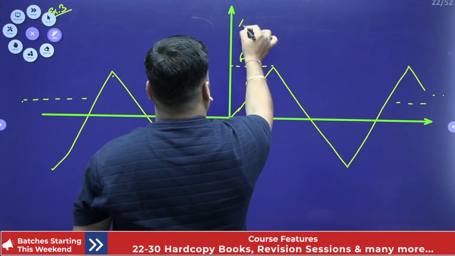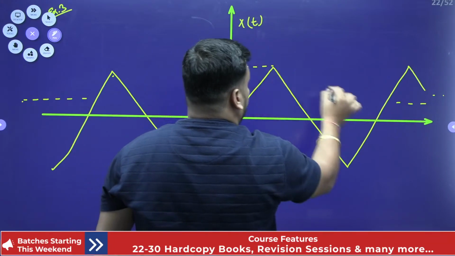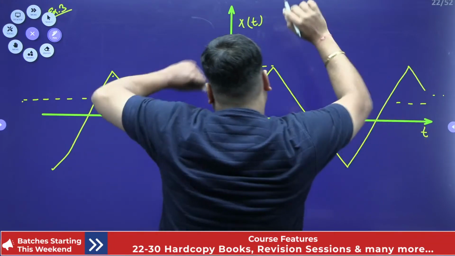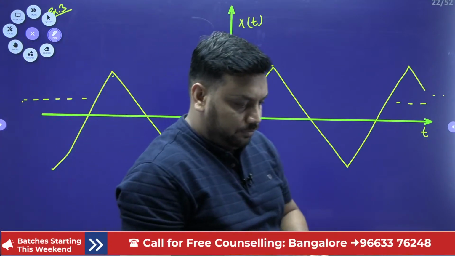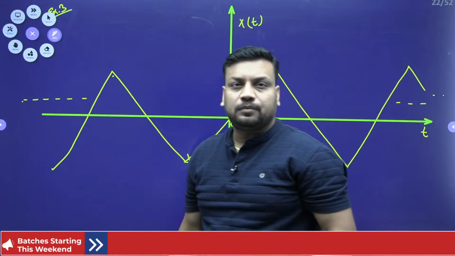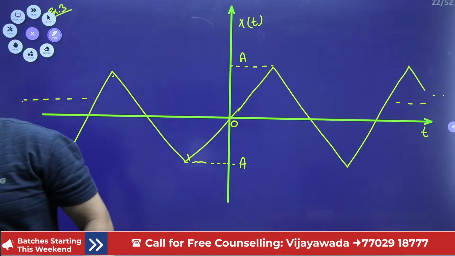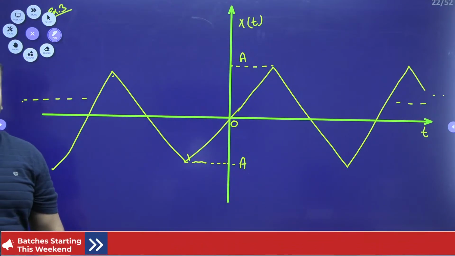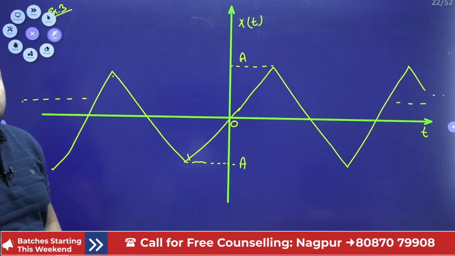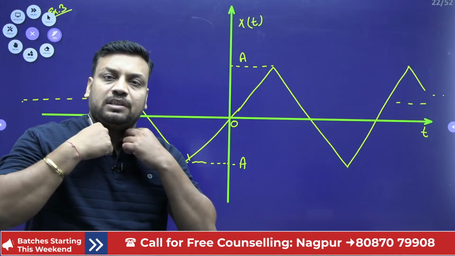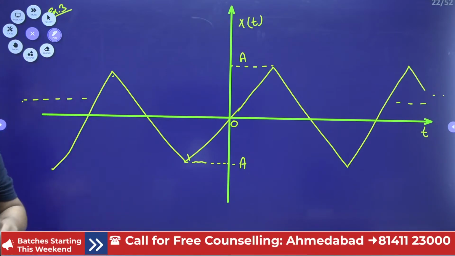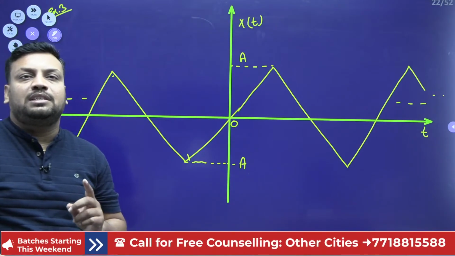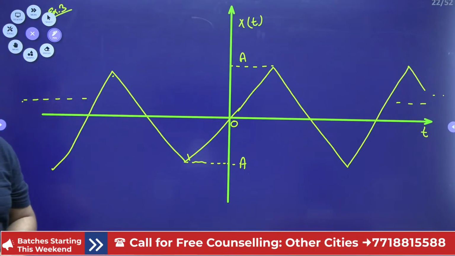So this is my signal x of t with respect to t. Now tell me which symmetrical condition this signal satisfies, whether it is an even signal, odd signal or HWS signal. What does its Fourier series representation satisfy? Do reply fast.